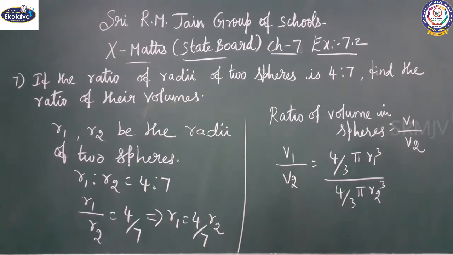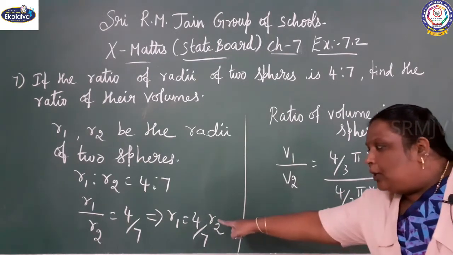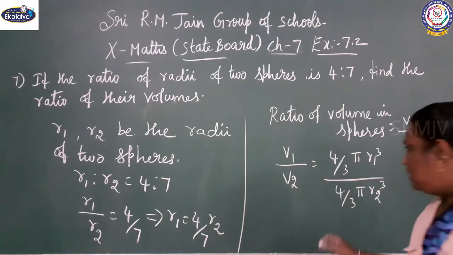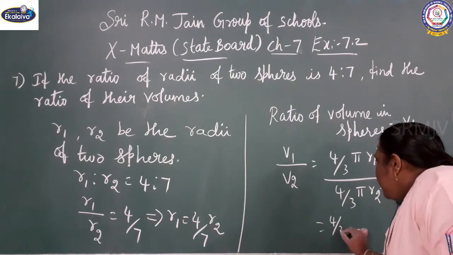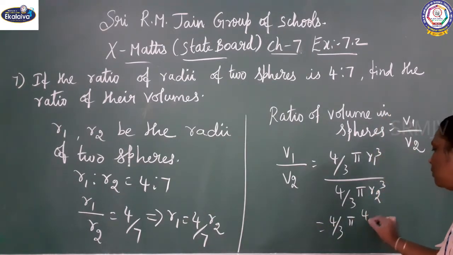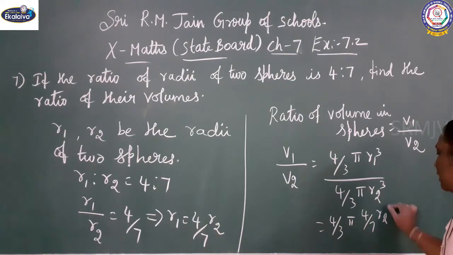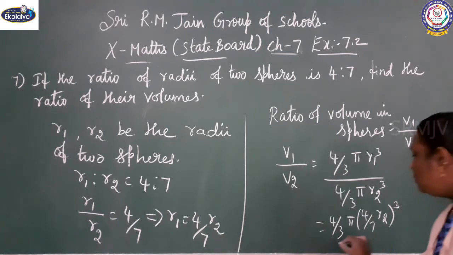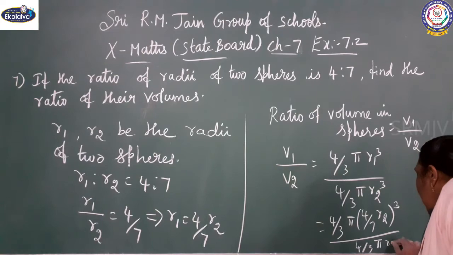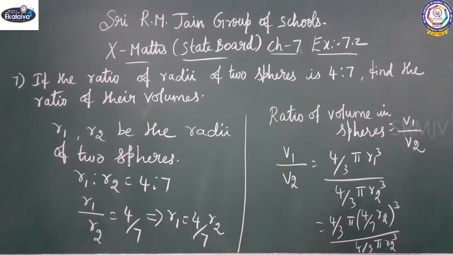Replace R1 by 4/7 R2, because with two variables you can make it a single variable. So 4/3 pi, 4/7 R2 the whole cube, by 4/3 pi R2 cube.